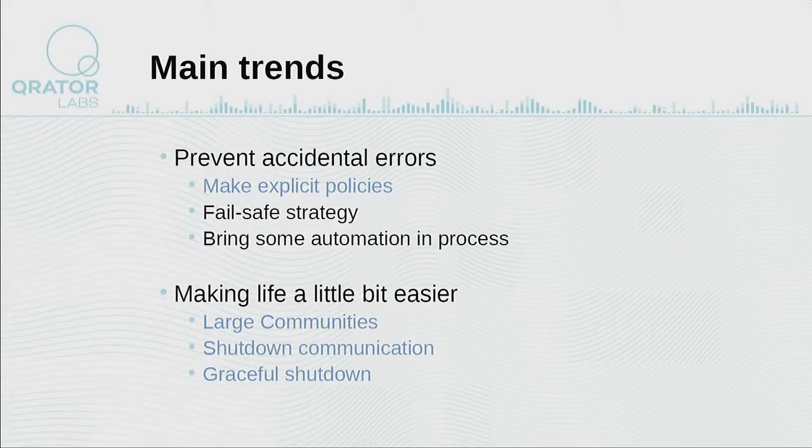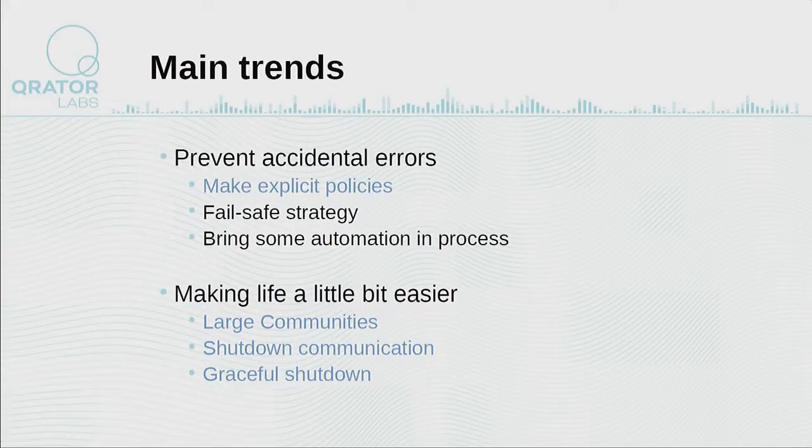First of all, there are two main directions. The first direction is about making operators make fewer errors in their configuration, and it can be reached by making operators use explicit configuration, writing explicitly the intent in the configuration, and so on, or by making some automation of this process.